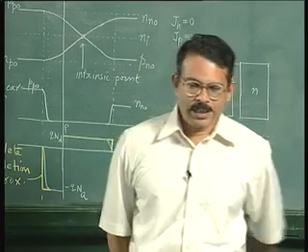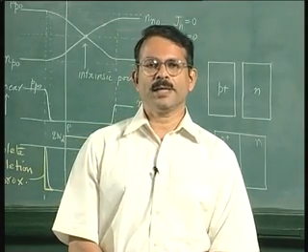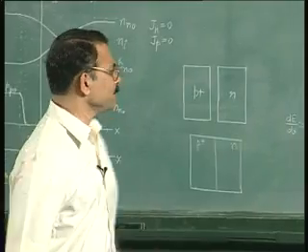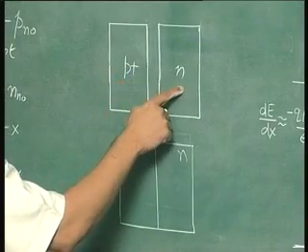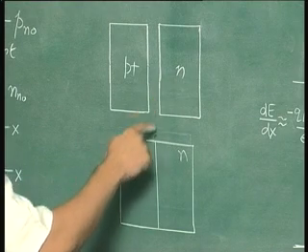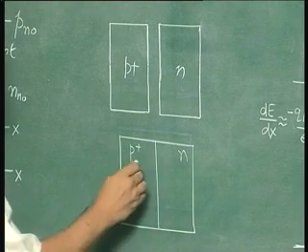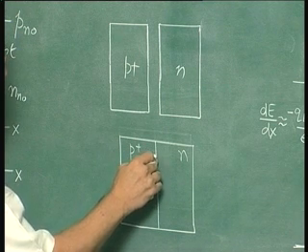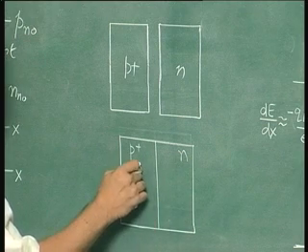In fact, based on this discussion, one can think of a thought experiment to explain the formation of the depletion layer. This thought experiment is as follows. You take a p-type silicon and n-type silicon and you join them. At the instant you join, the hole concentration is much more on this side than on the other side, because holes are minority carriers here and majority carriers here.